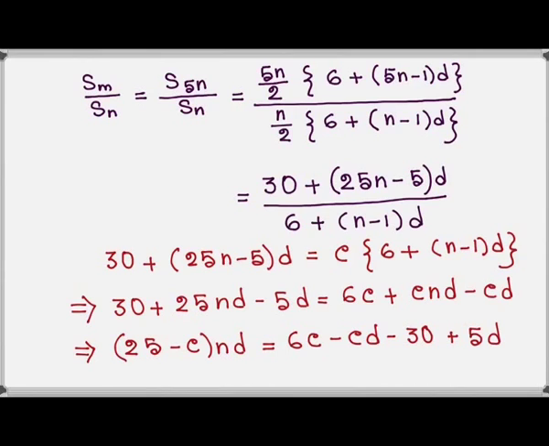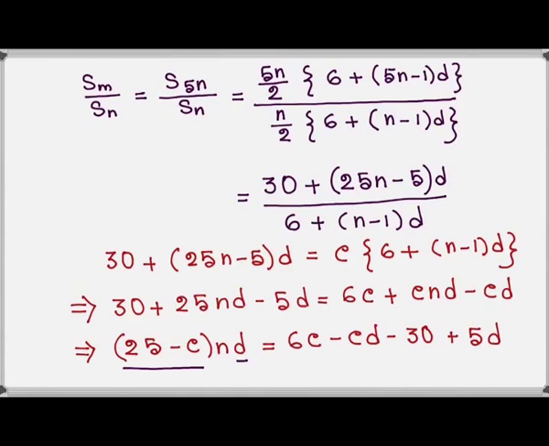Therefore, if 25 minus C into D is non-zero, then we get a definite value of n from this equation. But this equation is true for all n bigger than or equal to 1 and less than or equal to 20.